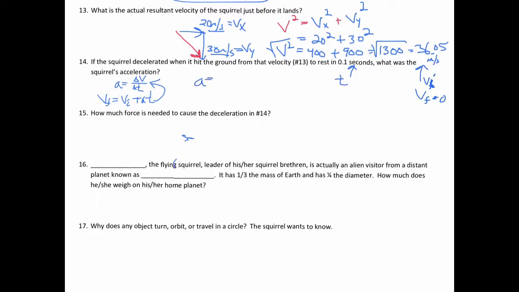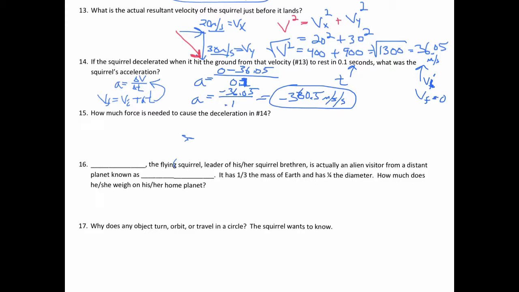Acceleration is the change in velocity, final, which is 0, minus 36.05, which it had right before it landed, all happening in 0.1 seconds. So the acceleration is negative 36.05 divided by 0.1, which gives me negative 360.5 meters per second squared, and it's negative because it's slowing down. It's in the opposite direction of the direction that it's going.